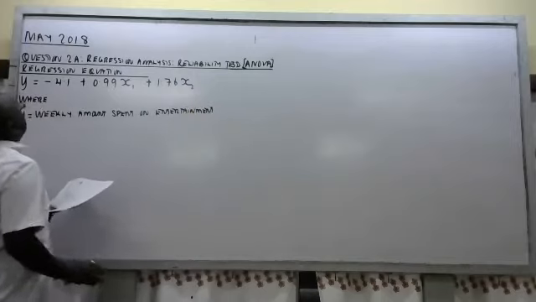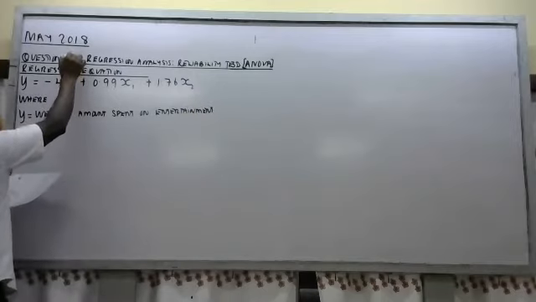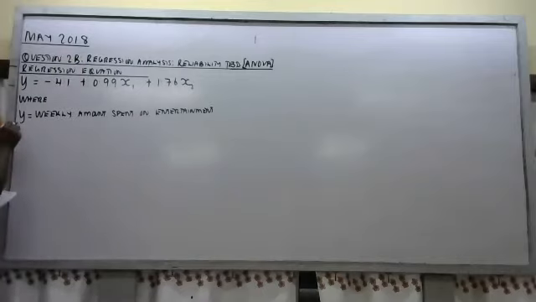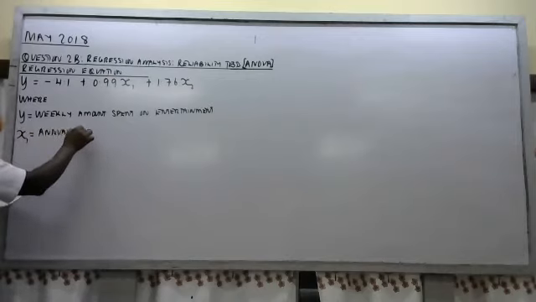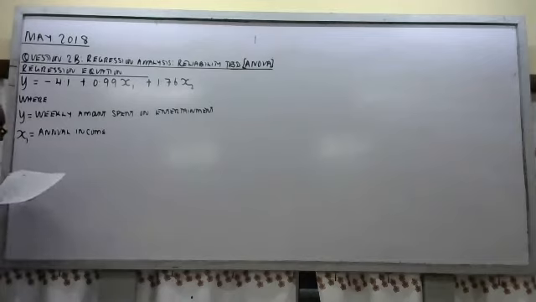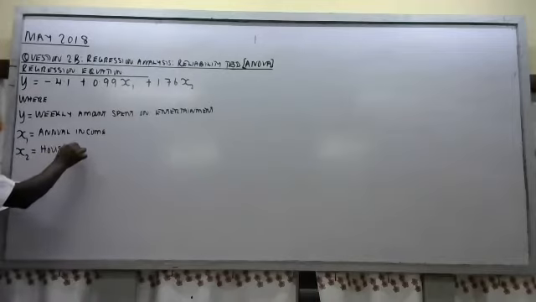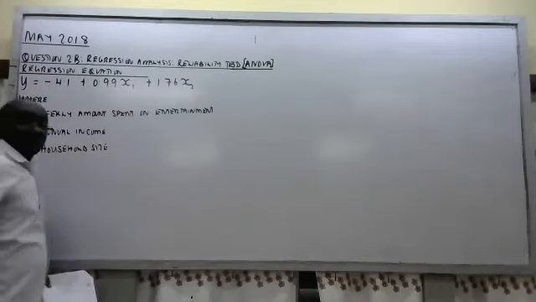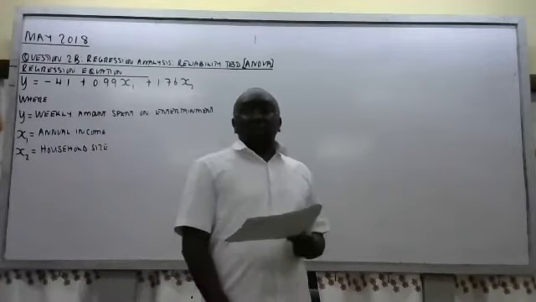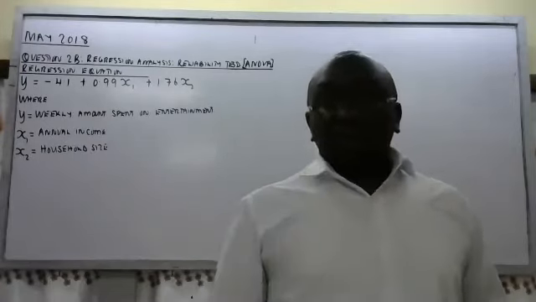Sorry, this is question 2B. Then x1 represents the annual income, and x2 represents household size. So that is the answer to the first question. That is how you are supposed to state it.